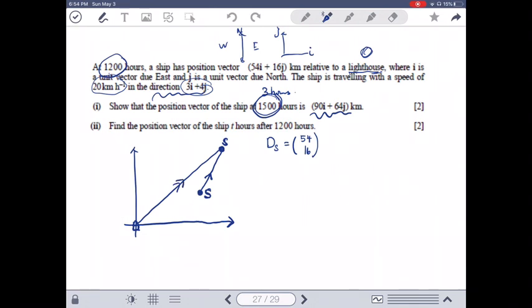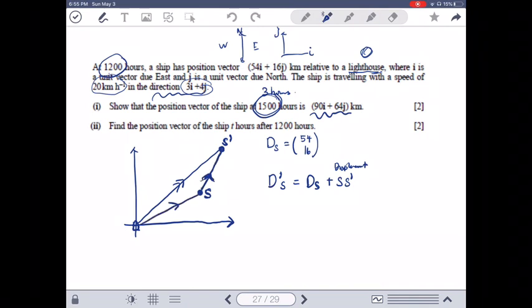So we will say the position vector of the ship after 3 hours is just equal to the initial displacement of the ship plus the displacement of the ship. Both need to be in terms of displacement. But we do not have this displacement here.